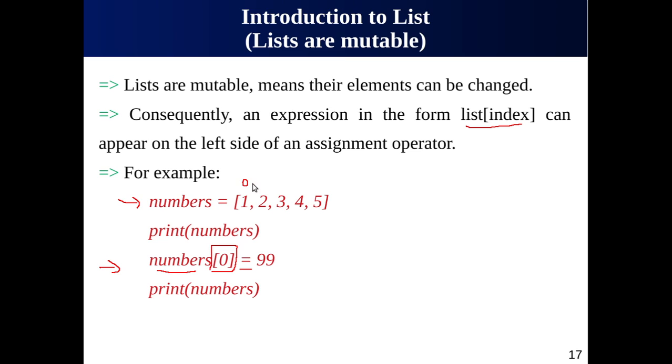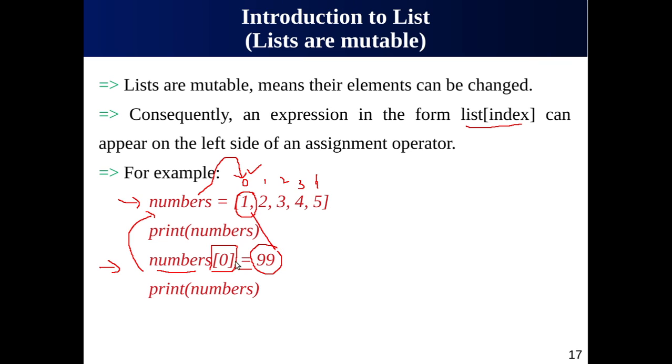This position is 0, this is 1, this is 2, position 3 and 4. I want to change this value. For that I need to access it. So its position is 0. Go to the list numbers and then go to the position 0 and then assign the new value to this position.